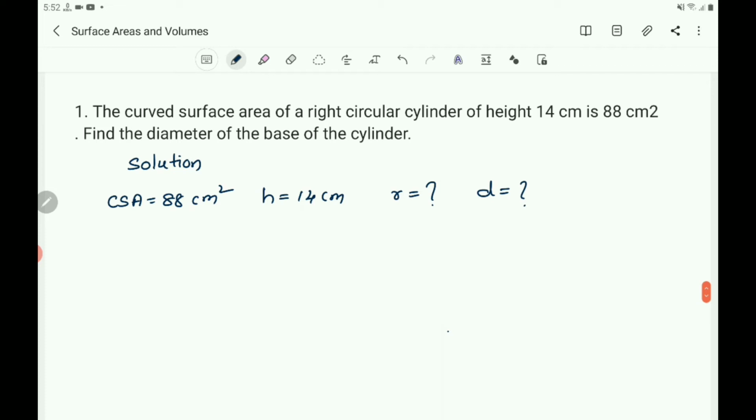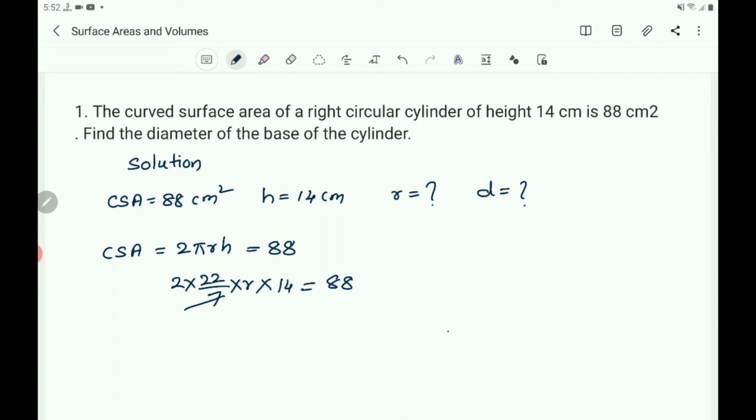Then you write the formula for CSA. CSA equals 2 pi r h, that is for the cylinder, that equals how much? 88. You write 88. Then you write 2 into pi value, 22 by 7, into r into h. What is h? That is given, h is 14 centimeter, equals 88.